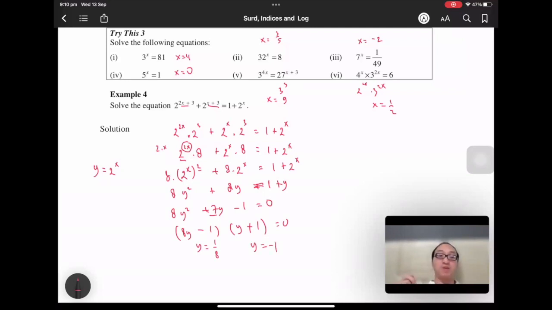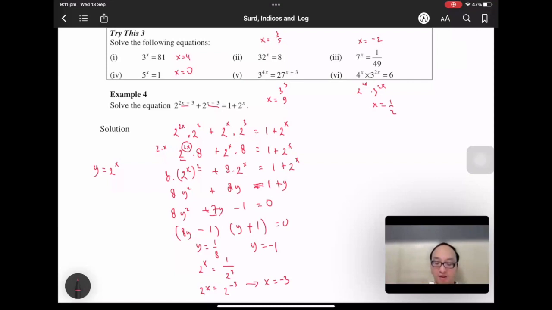So we replace it back to y equals 2 to the power of x. So 2 to the power of x equals 1 over 8, which is 1 over 2 to the power of 3. So from here, 2 to the power of x is 2 to the power of negative 3, so that means x equals negative 3.